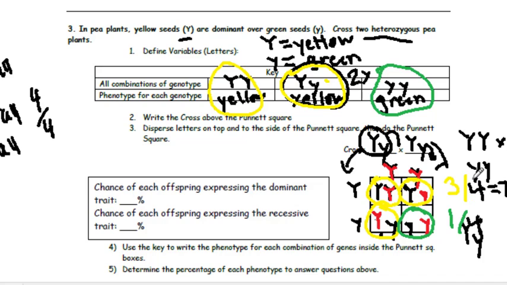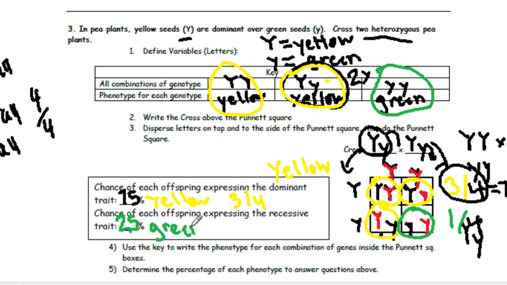Gone off the paper here. 3/4 is 75%. Yellow is our dominant trait. Dominant yellow, 75% yellow. 3/4. And green was 1/4, so that's 25%. I label it 1/4.